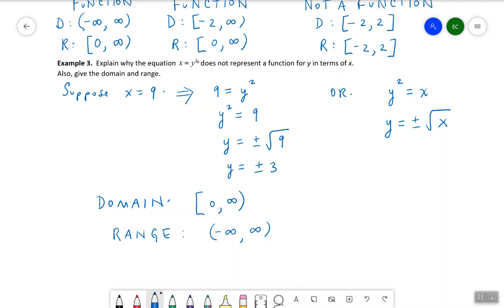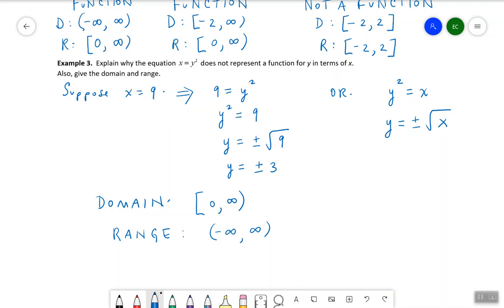Also notice when you square any number, the result is always positive or 0. And so that result is the x value and there's our domain that says all the positive numbers and 0. And then we finished the problem.